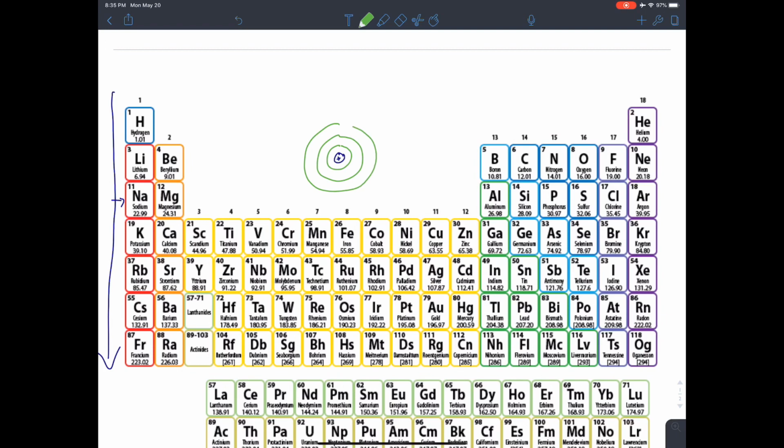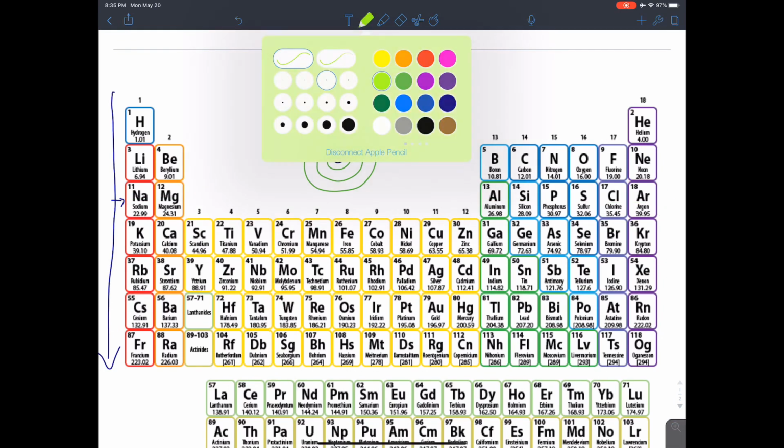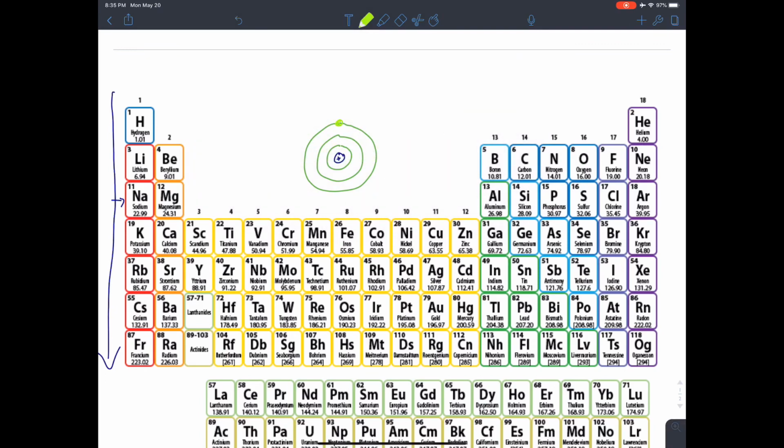As we talked about in the periodic table section of the study guide, everything in the third period has valence electrons in the same energy level, the third energy level. So when we add electrons here, we're adding them to this ring only. This would be sodium with 1 valence electron, magnesium with 2 valence electrons, aluminum, silicon, and so on.